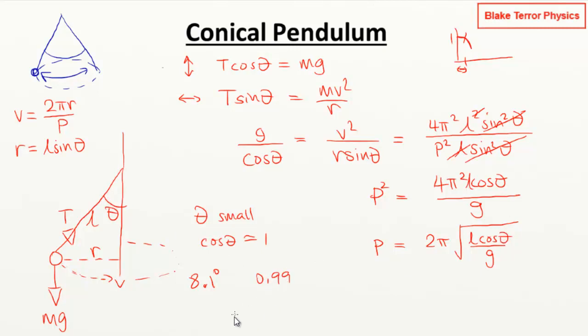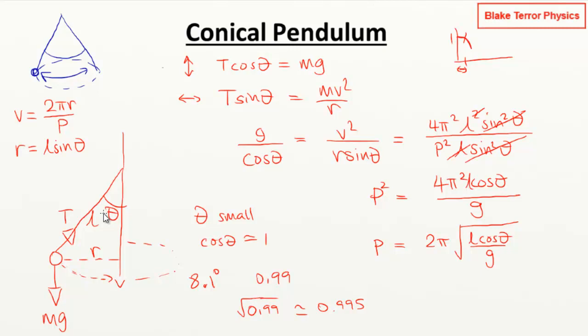And the square root of 0.99 is pretty much 0.995. So up to 8 degrees angle with the vertical on a conical pendulum, we've got 0.5% difference in the period of oscillation, which is not a lot. 0.5%, yeah, that's not bad.